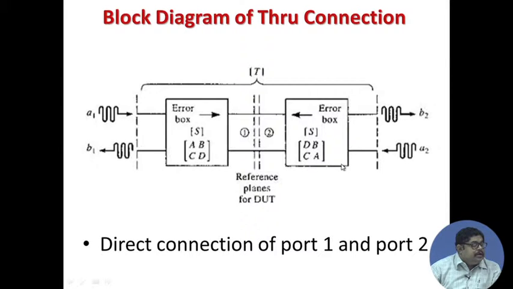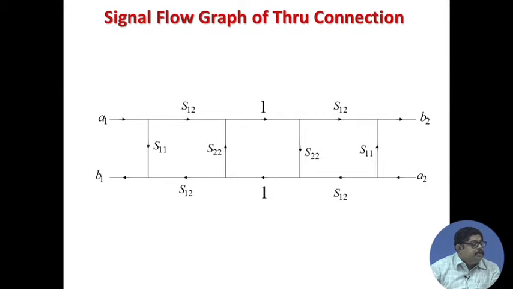because the things are coming from one side here, and from another side there. So, direct connection of port 1 to port 2 is called through connection. Now, in the signal flow graph, what will this be? We have this S matrix, the error box S matrix.